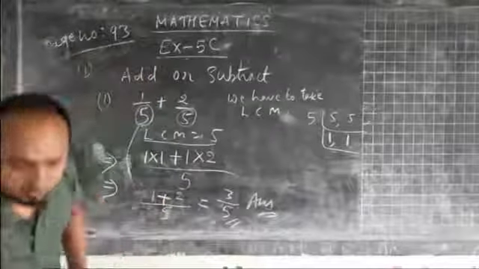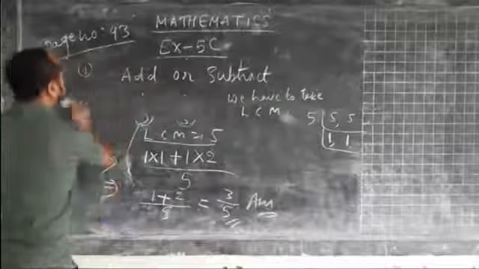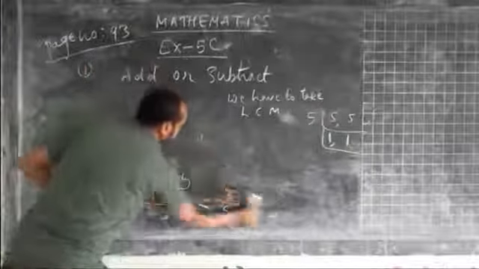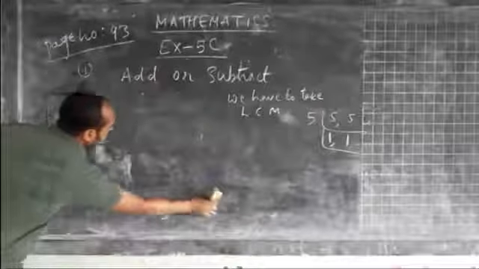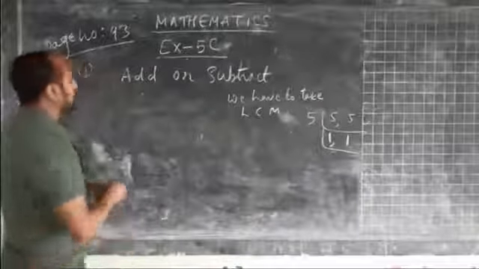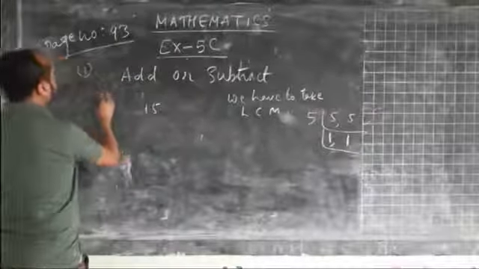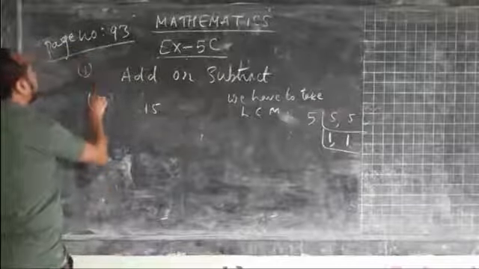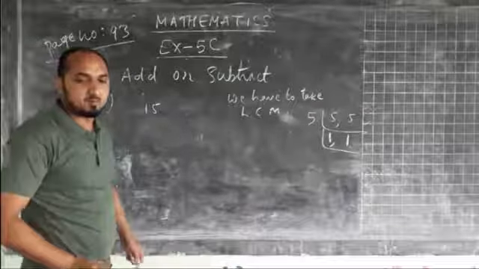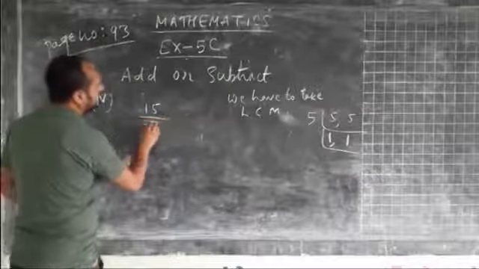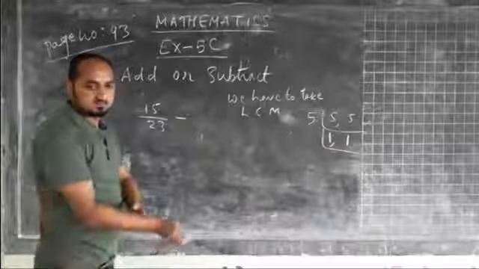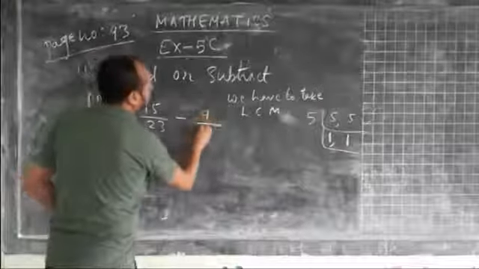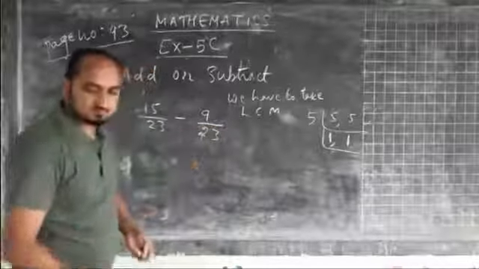Now question number 4. Question number 4 we have 15 by 23 minus 9 by 23.